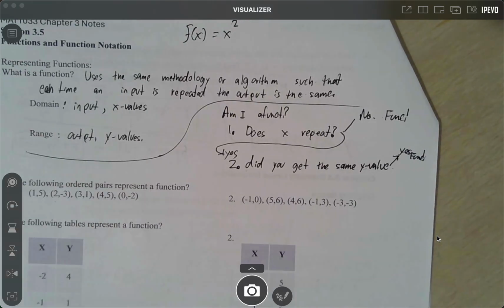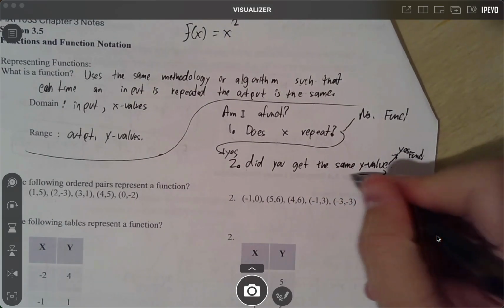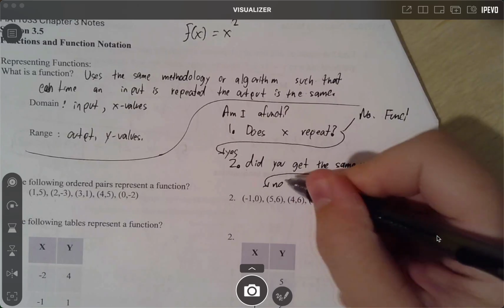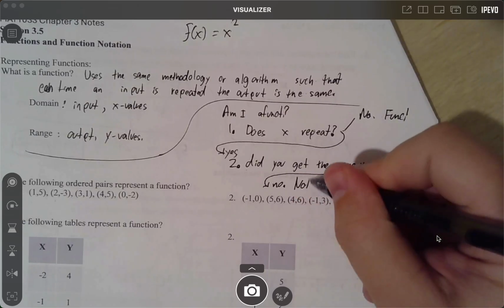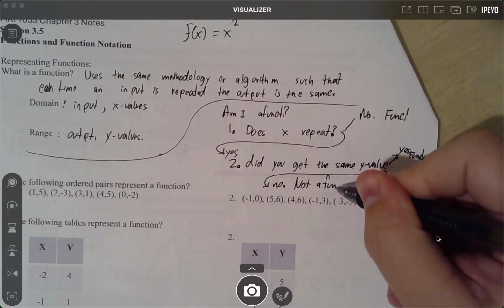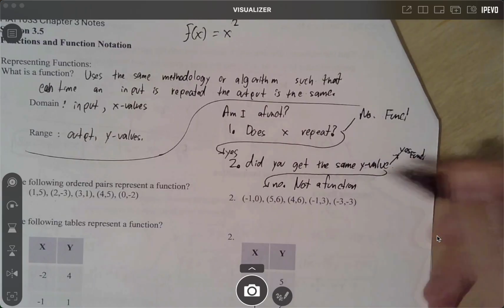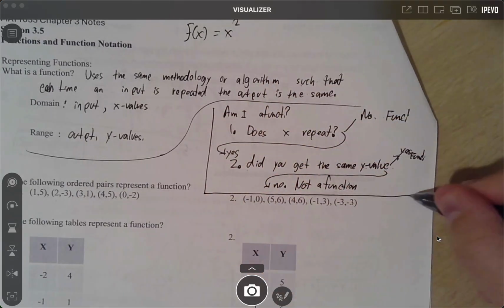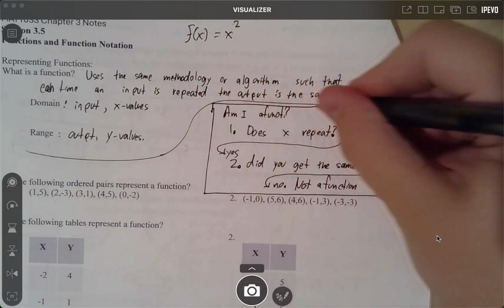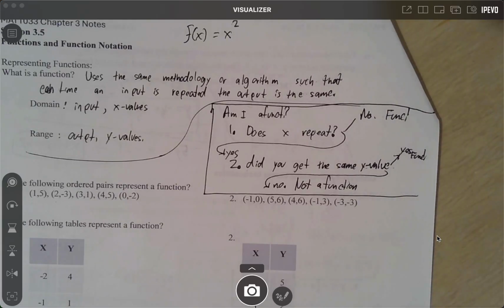The whole class has to answer the same number. Every McDonald's should give you the same item when you order 4A. And if the answer is no, well then you're done. It's not a function. So this is the most important part. If you memorize this, it's a really easy way to determine a function.